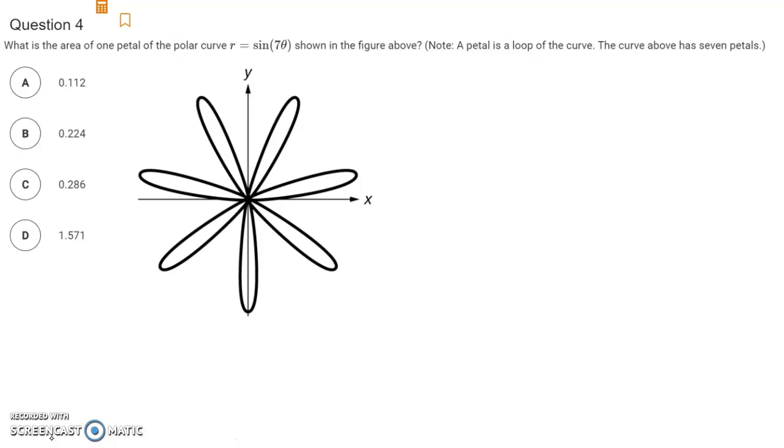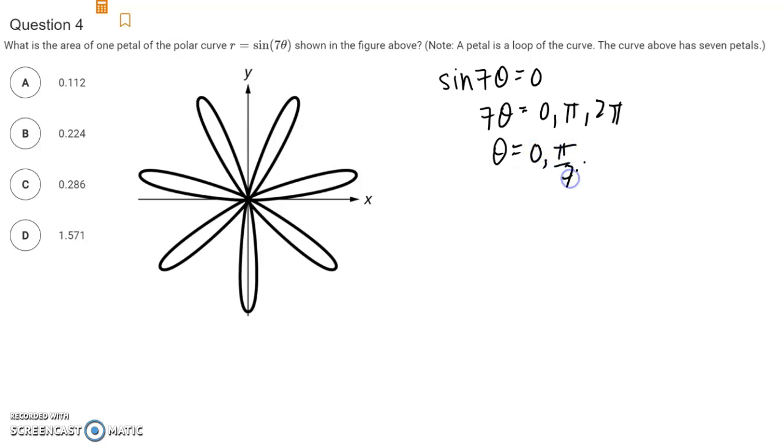Okay, question 4. I was a little surprised at this one, but I think I know where the error would have occurred. So what's the area of just one petal? All right, so we find where our function is equal to 0. 0, pi, 2 pi. So 0, pi over 7, and 2 pi over 7.